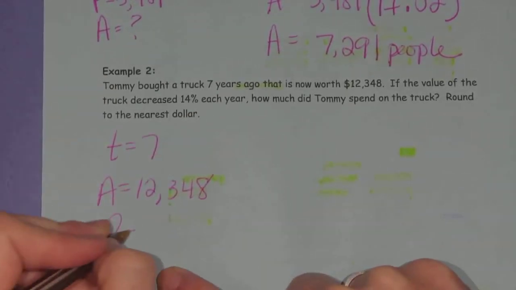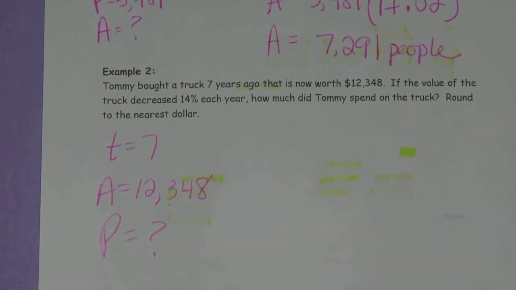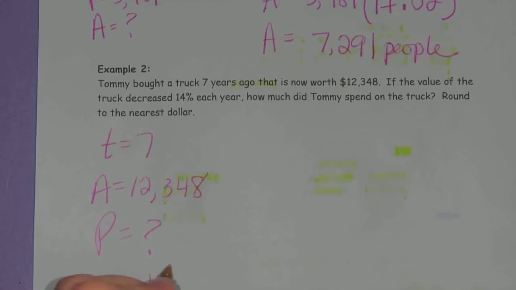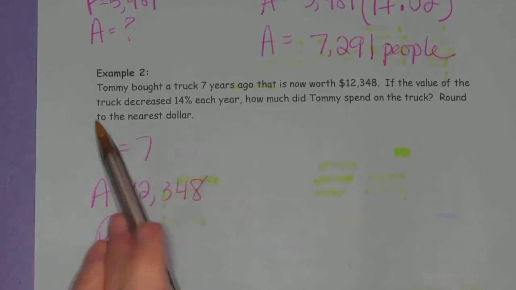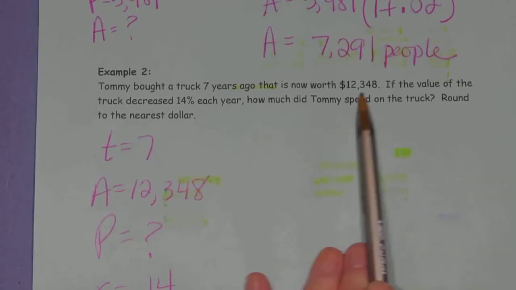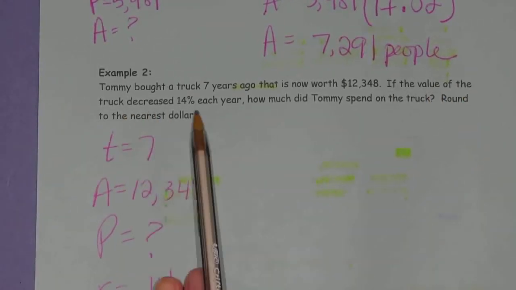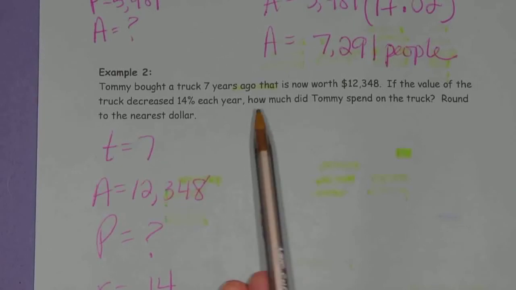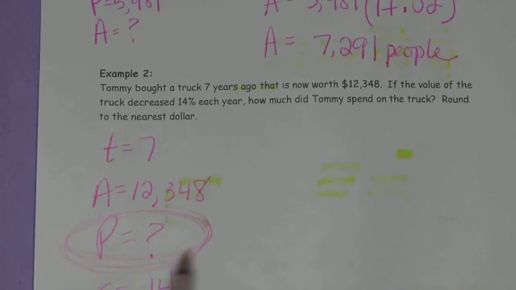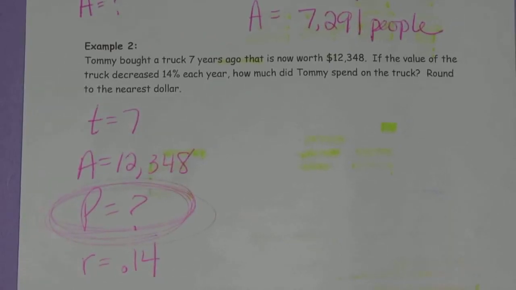I don't know the original amount. I do know the rate, 14% or 0.14. If the value of the truck decreased 14% each year, how much did Tommy spend on the truck originally? Round to the nearest dollar.